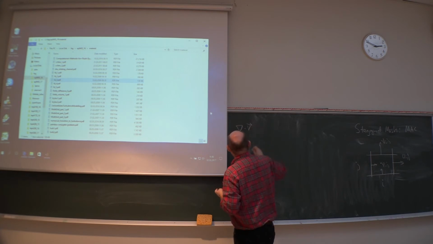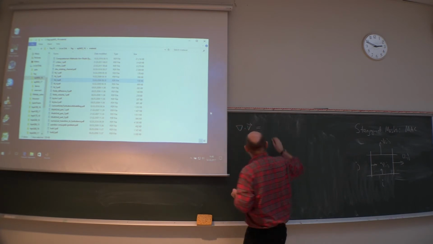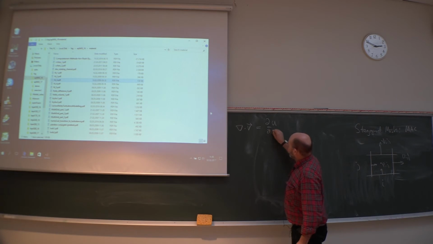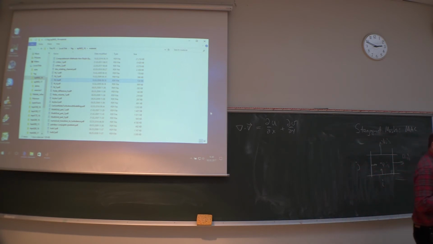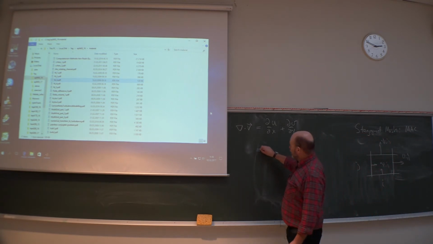Take the divergence of the velocity field. That is du/dx plus dv/dy. Incompressible flow, so that one should be 0. Make a discrete version of that one. Then you look at the divergence inside one single cell, and you write it like this.